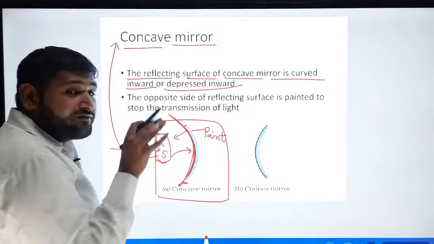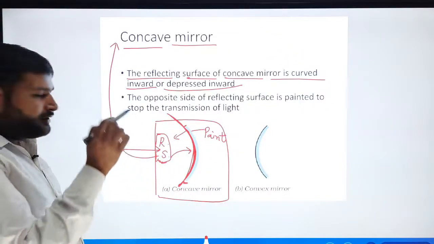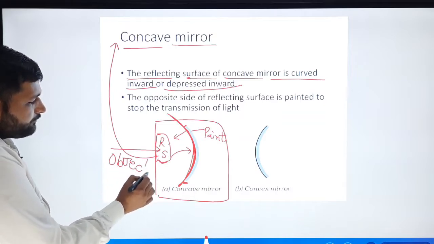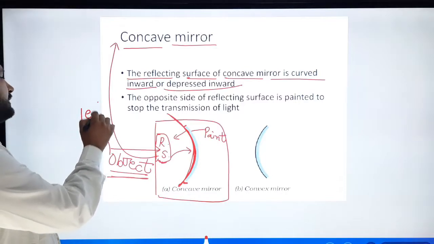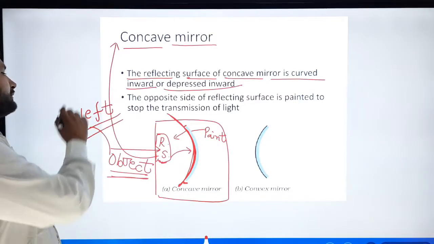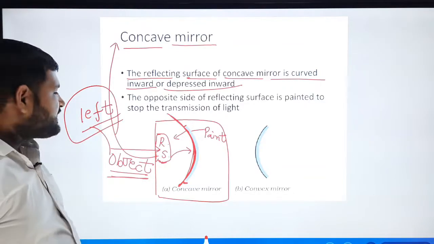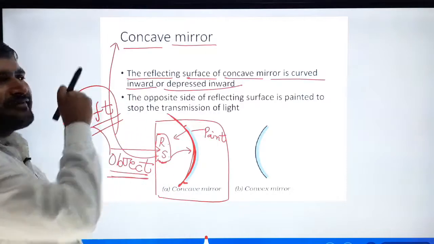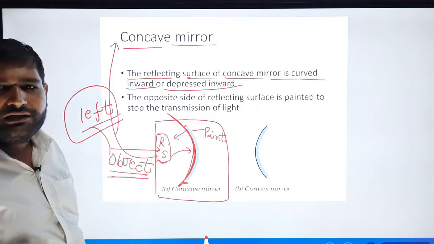And why are we looking at the mirror from the left side? Because by convention, remember this fact, the object is always placed on the left side of the mirror. That is the convention of optics. So by convention, the object is always placed on the left side of the mirror. That's why we are looking at the mirror from the left side.